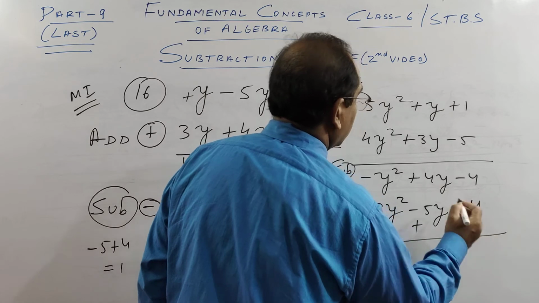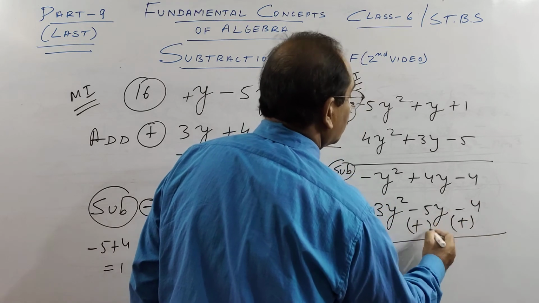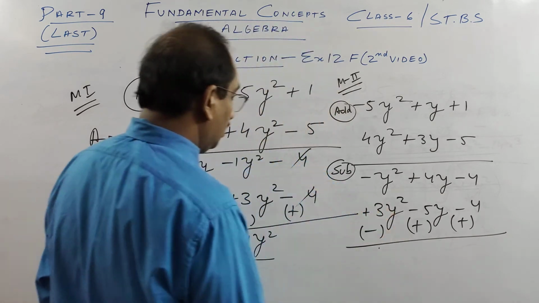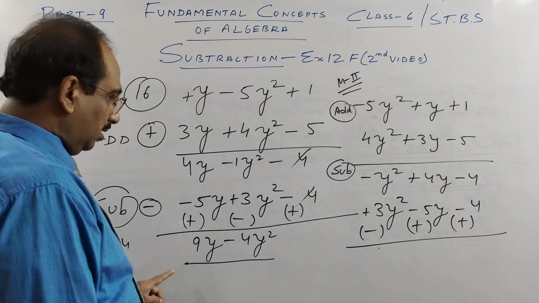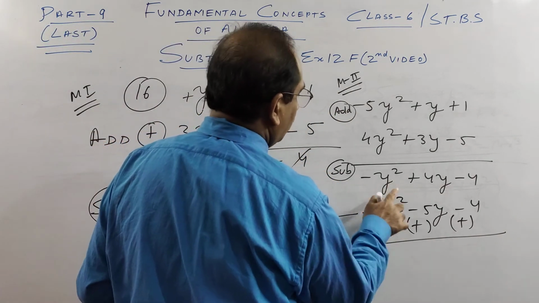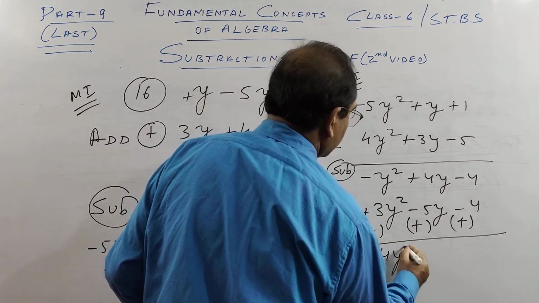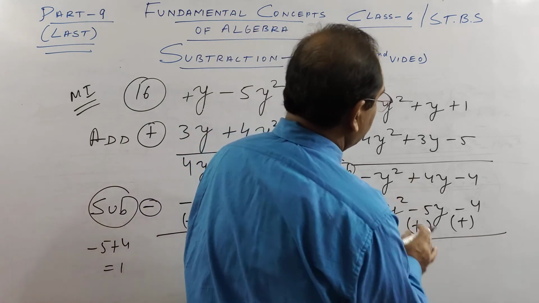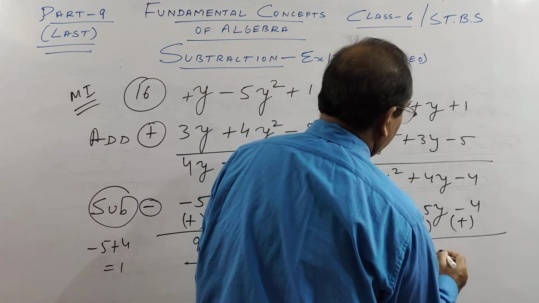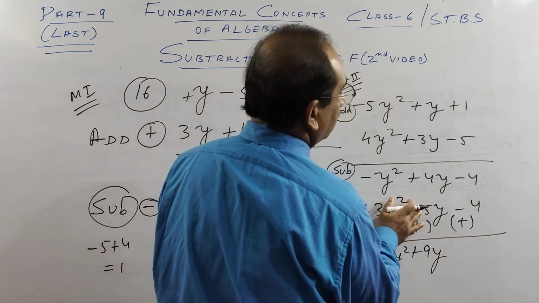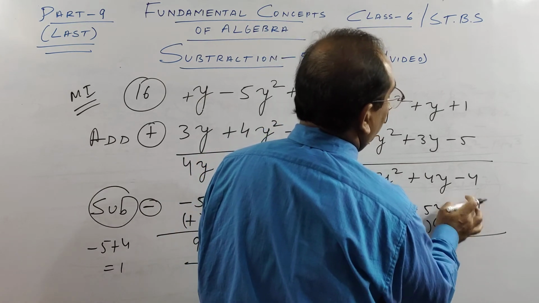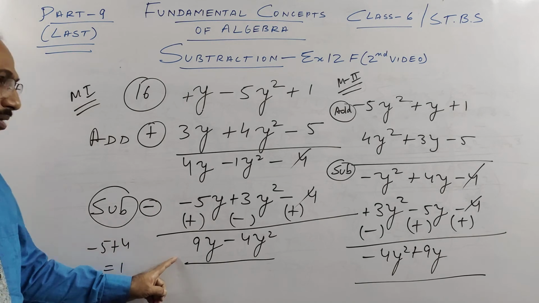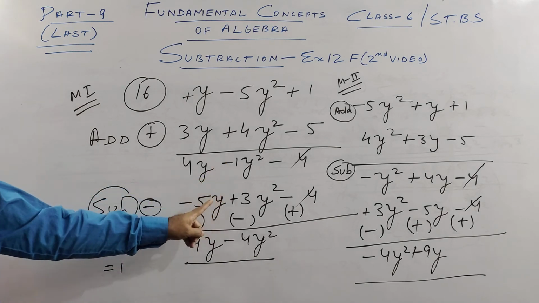So minus becomes plus, plus becomes minus. So what do we get? Minus 3y square minus y square, minus 4y square. Plus 5y plus 4y, that's plus 9y, and this is plus 4 and minus 4, it cancels. So almost the same answer you get, children, check.